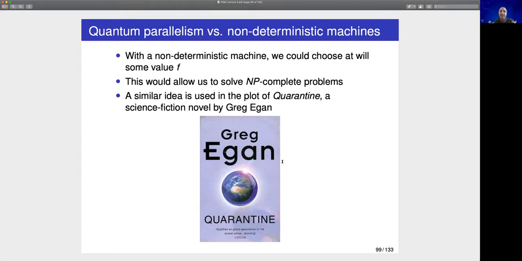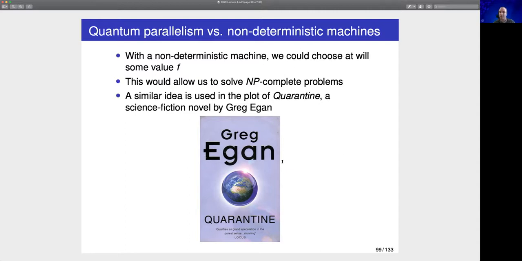And in the model of non-deterministic Turing machines, if at least one of the results that we obtain is what we expected, for instance a 1 in the case of a Boolean function, then we can stop and say, okay, the computation has succeeded. So somehow we can choose at will from all those results.